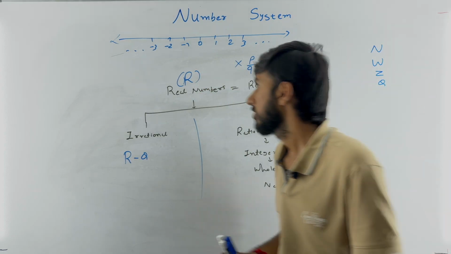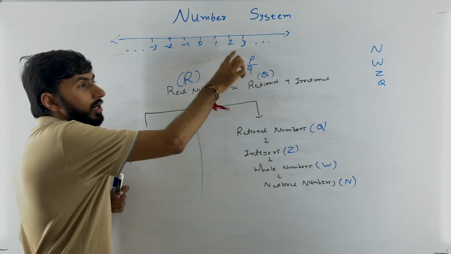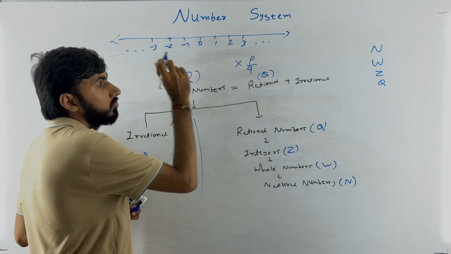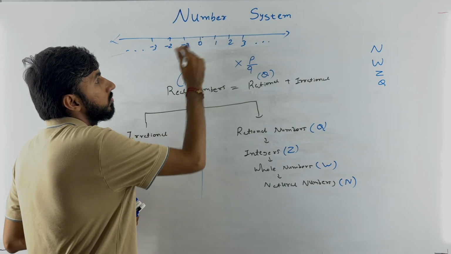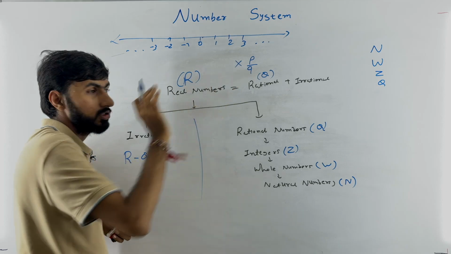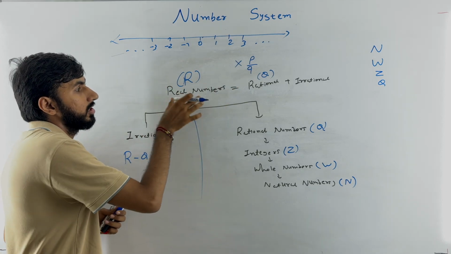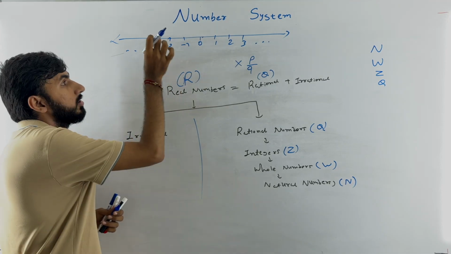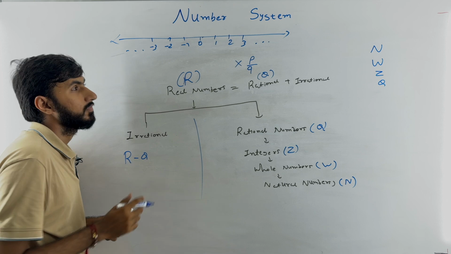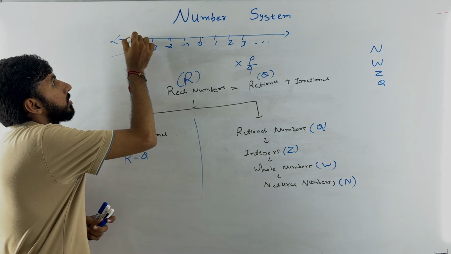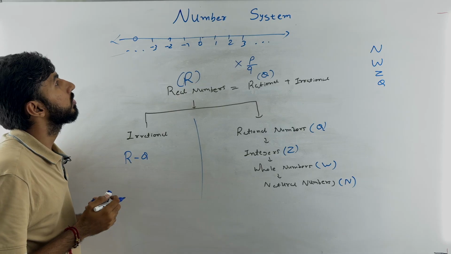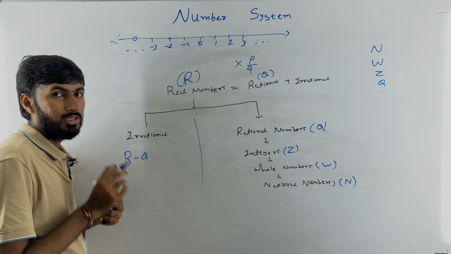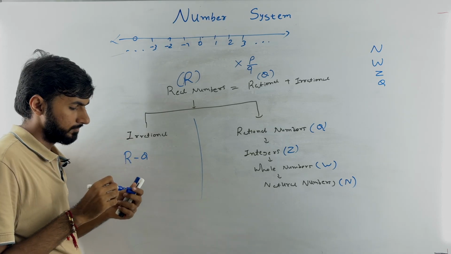What I am trying to say is, for every point on the number line, you can represent a unique number. This point represents a unique real number. This point also represents a different real number. This point also represents a different real number, and vice versa. If I want to represent any real number, I will find a point on the number line that will represent that number, right? So if someone says this point does not have any number on the number line, that will be false. All the points on the number line have a unique real number, right?